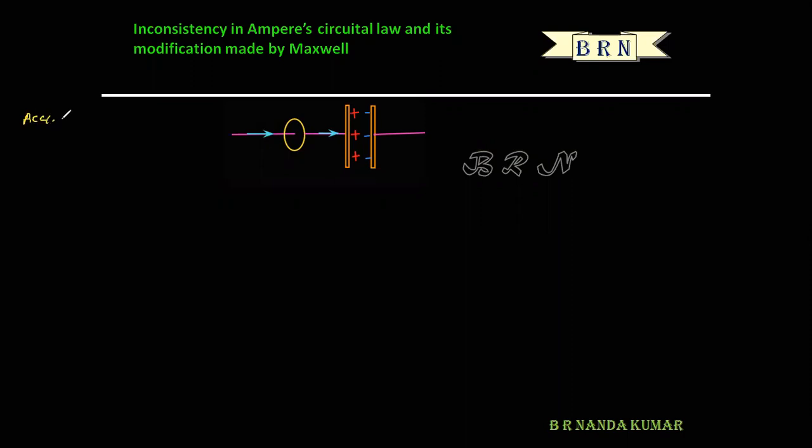According to Ampere's circuital law, the line integral of magnetic field around any closed circuit is equal to mu naught times the net current passing through the closed curve or closed circuit. So this is the statement of Ampere's circuital law.